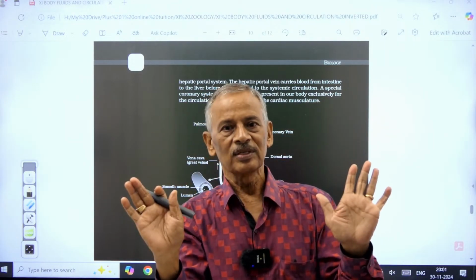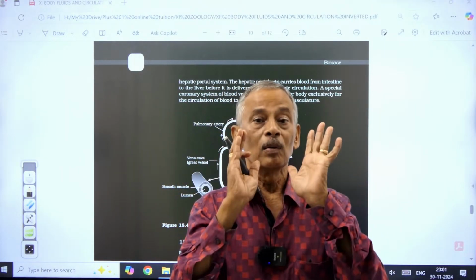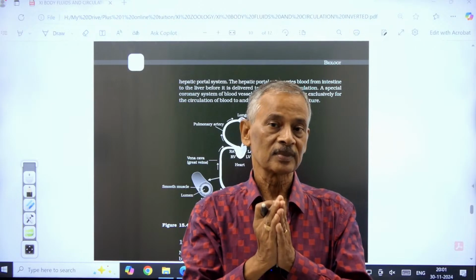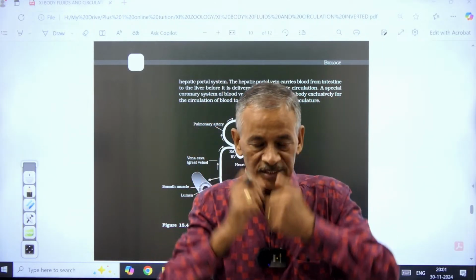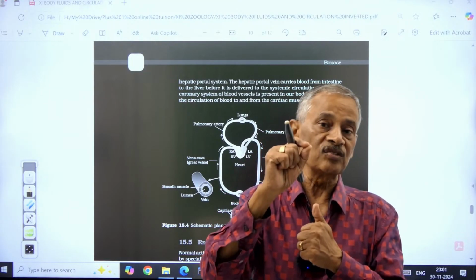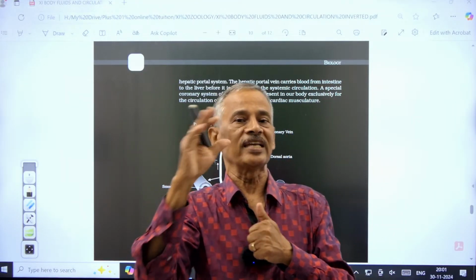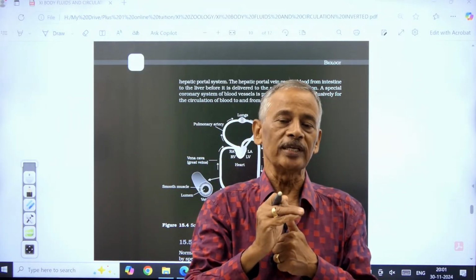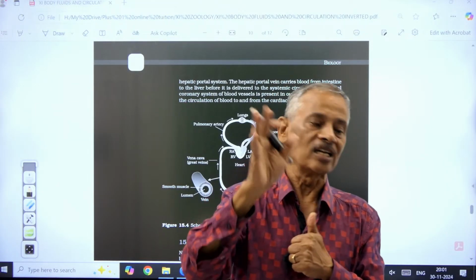It branches and gives blood to the muscles of the heart. Similarly, blood is taken back from these muscles by coronary veins, which is also called the coronary sinus. They open to the right atrium.